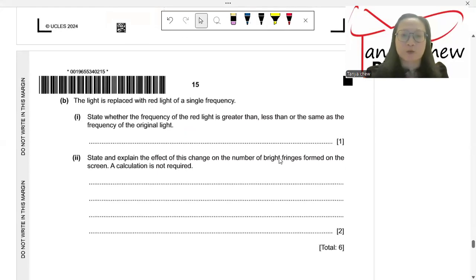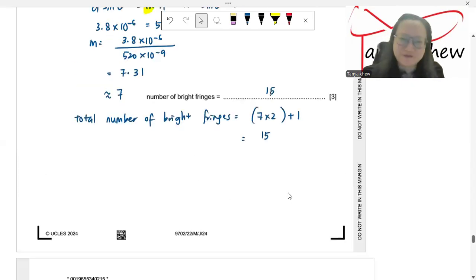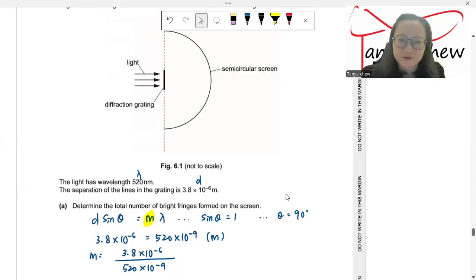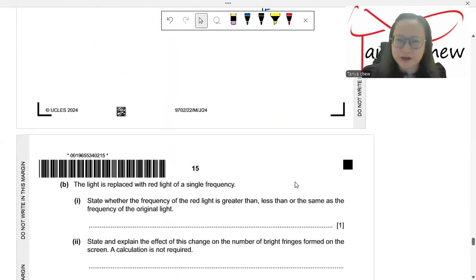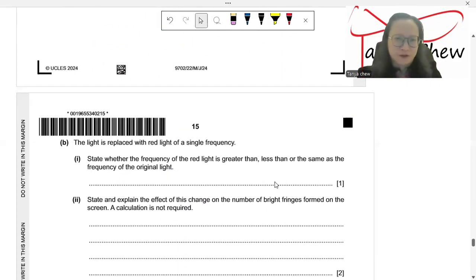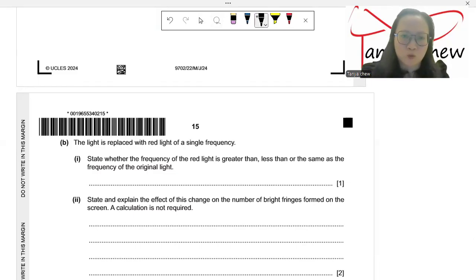B, the light is replaced with red light of single frequency. First part: state whether the frequency of the red light is greater than, less than, or the same as the frequency of the original light. This is the wavelength of the original light, 520 nanometer. So you need to have a little bit of knowledge about the wavelength of red light.